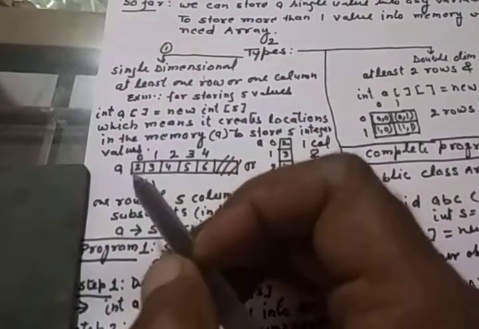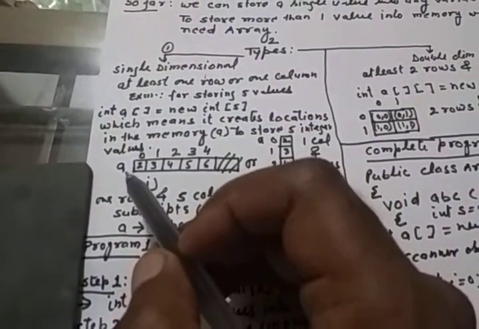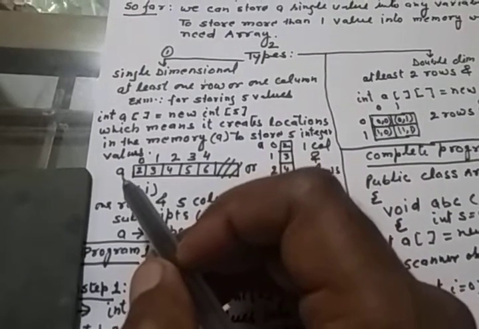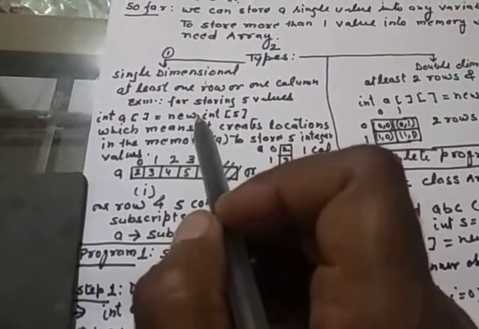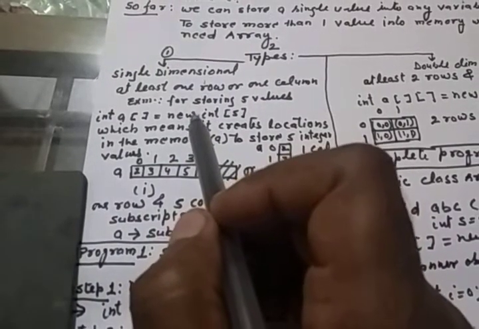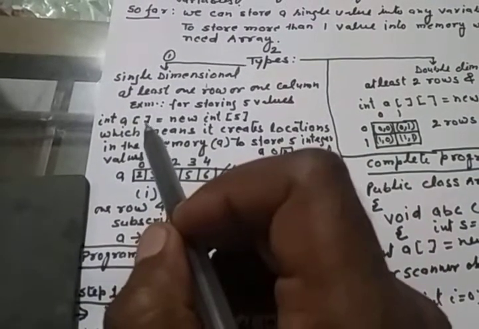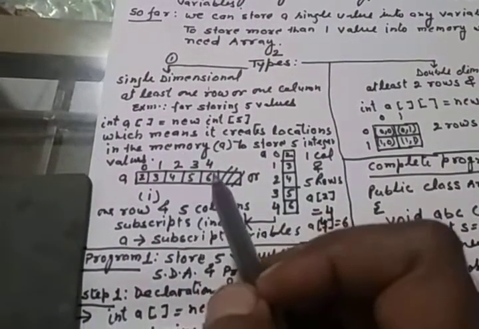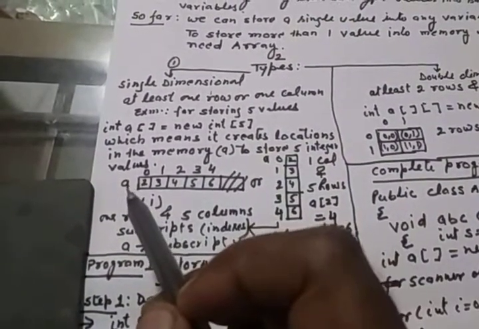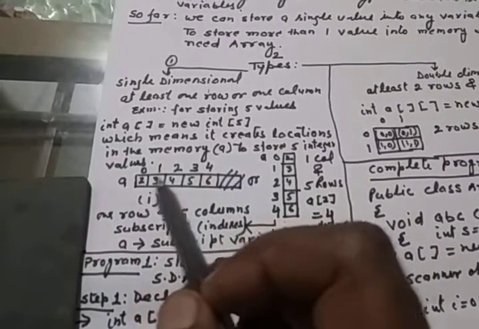Means if you want to store 5 values into an array A, we have to write such a statement. This statement will create 5 locations for memory variable A in such a way.